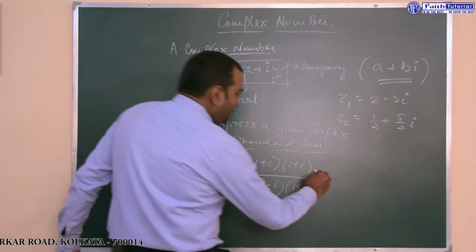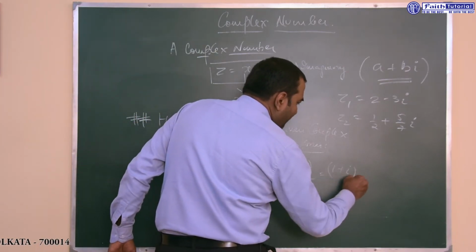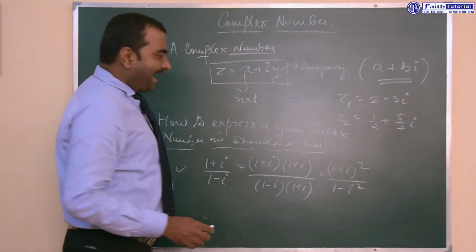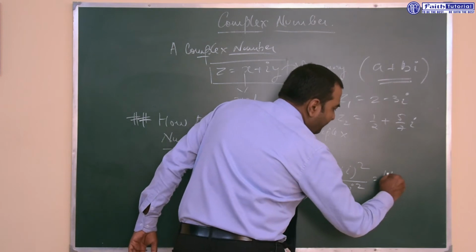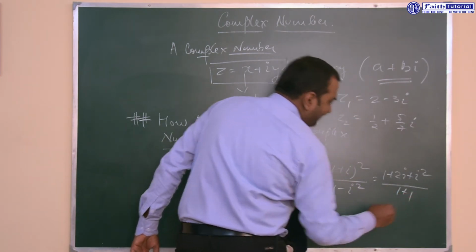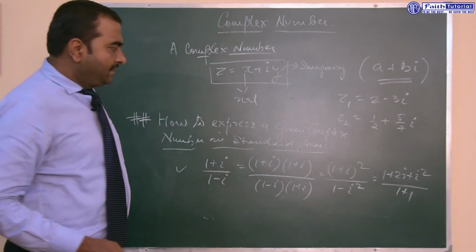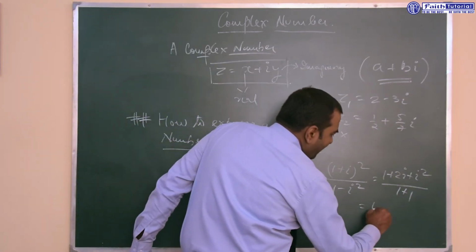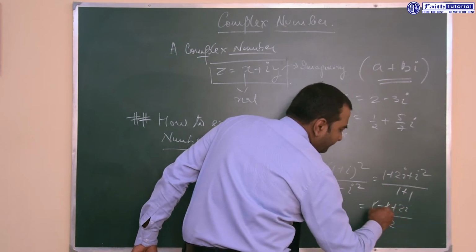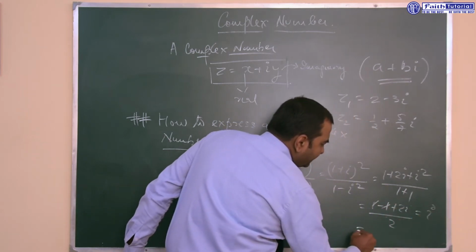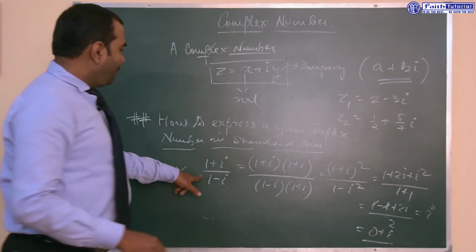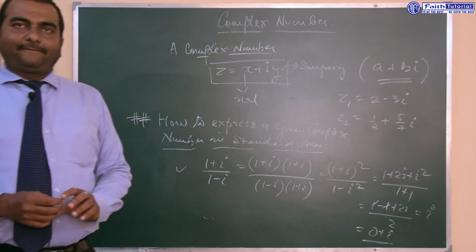So that is (1 plus i) whole square divided by 1 minus i square, and that is 1 plus 2i plus i square divided by 1 plus 1. i square is minus 1. So we have 1 minus 1 plus 2i divided by 2, which is i. So it is 0 plus i. That's the standard value of 1 plus i divided by 1 minus i.